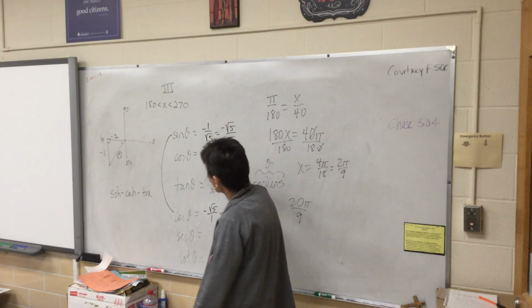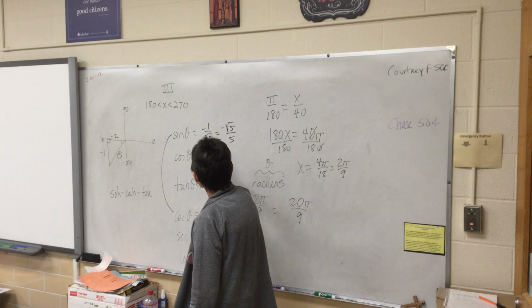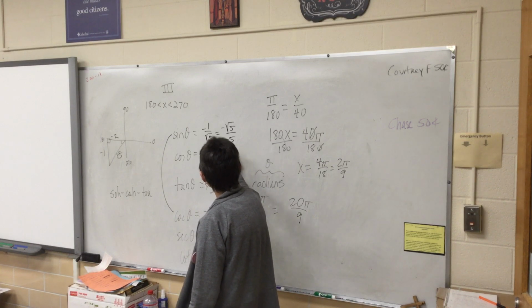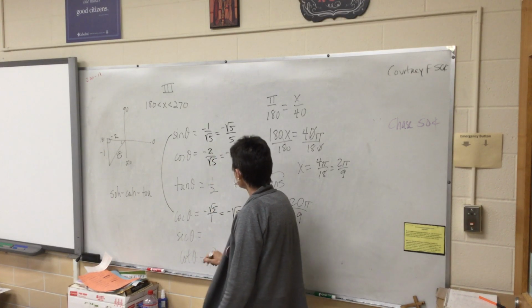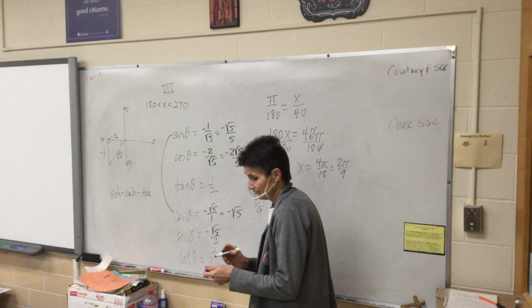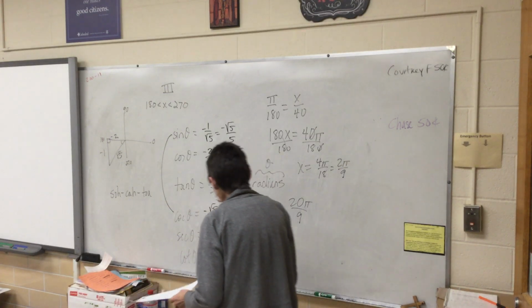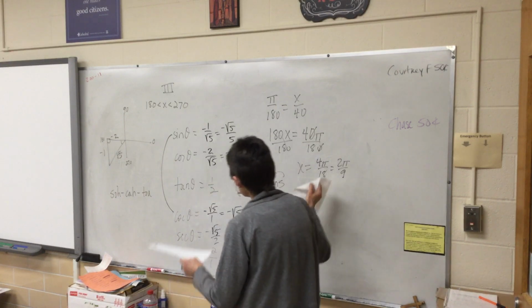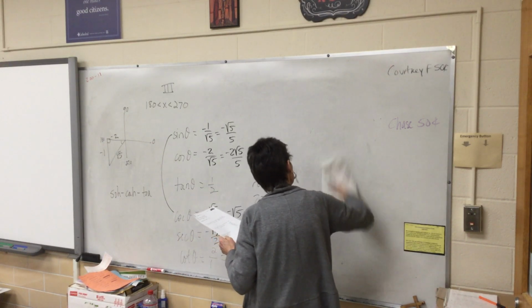All right, what's cosine? -2√5/5. Perfect, you're exactly right. And then the flip of that's the secant, which is -√5/2. So that is an easy problem if you draw your picture and do the Pythagorean theorem right.